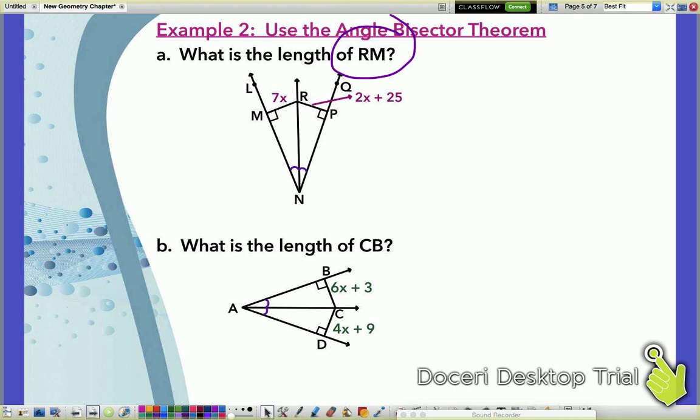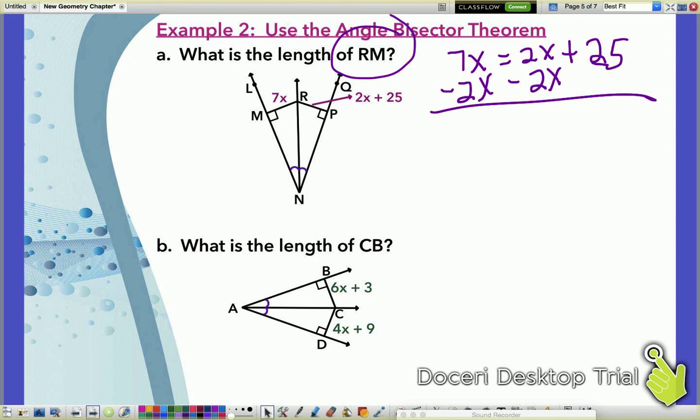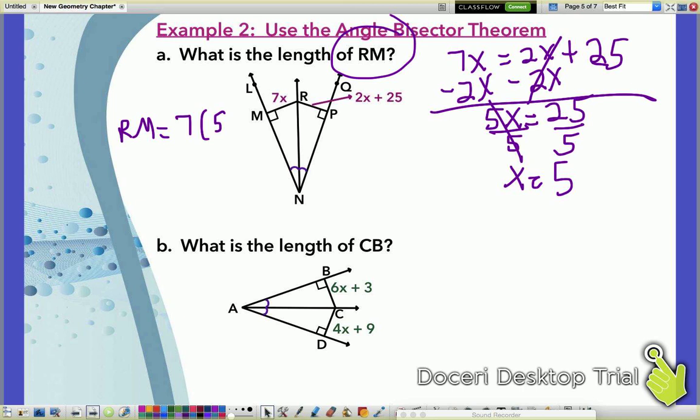So let's solve for x. Minus 2x from both sides. 5x is equal to 25. Divide by 5, x is 5. So all we've got to do is plug that in for RM. And we have 7 times 5. So RM is 35.